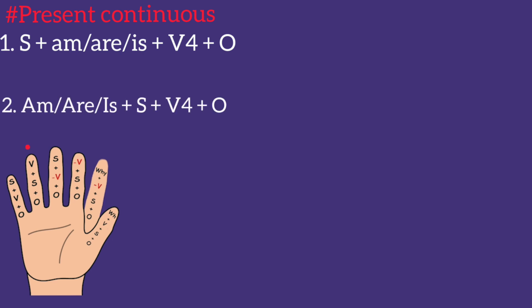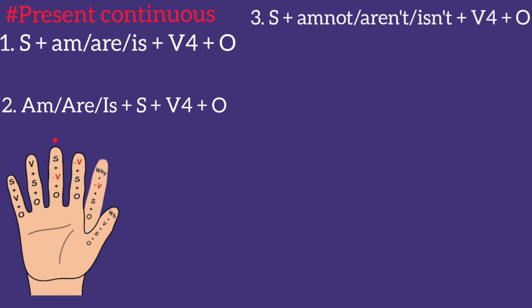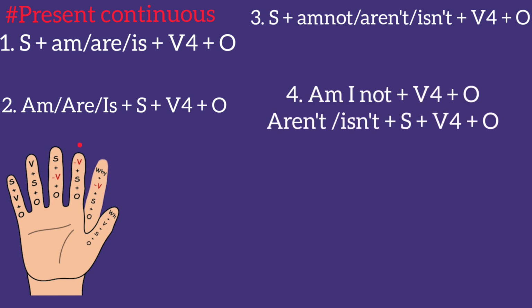Am or is plus subject plus V4 plus object. Subject plus am not or is not plus V4 plus object. Am I not plus V4 plus object. Aren't or isn't plus subject plus V4 plus object.